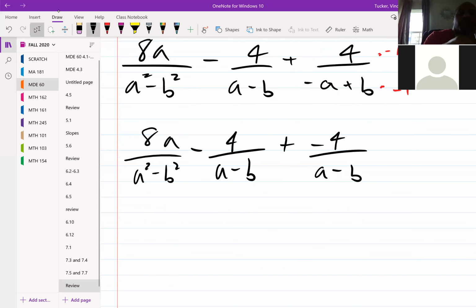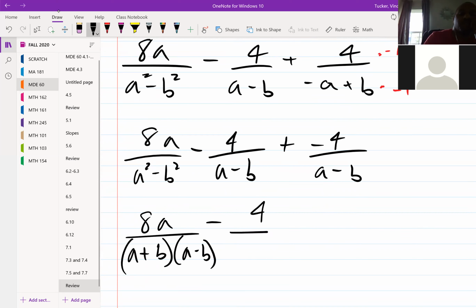So now when I look at trying to establish an LCD, we have a difference of squares here. I have a minus b in my following expressions, but in my first expression, I have a plus b.